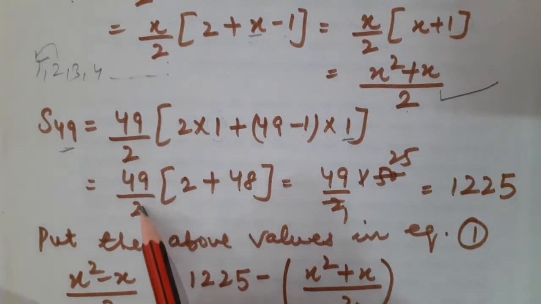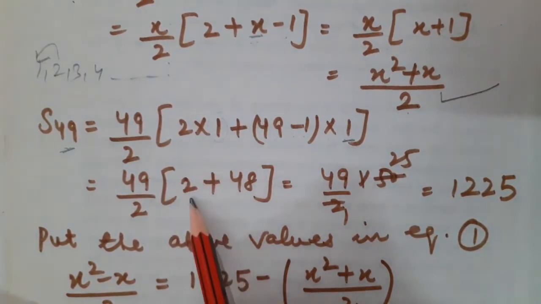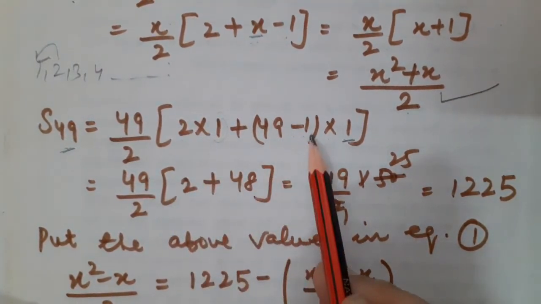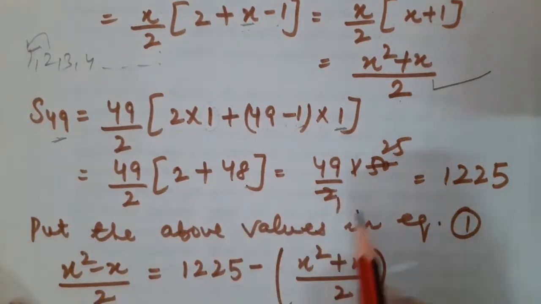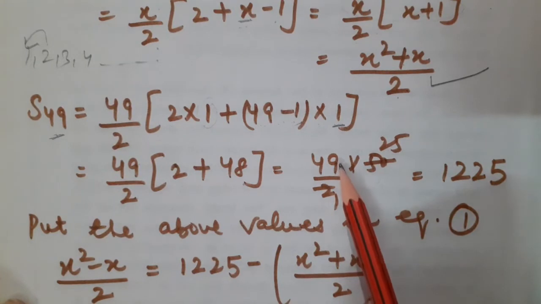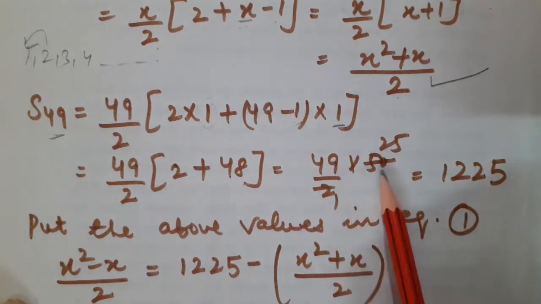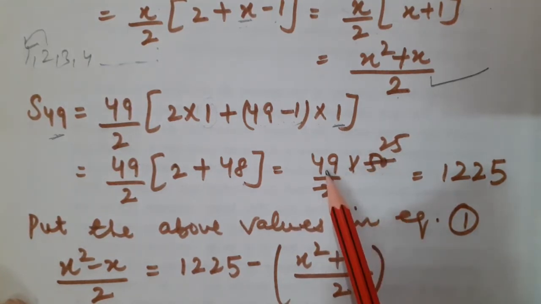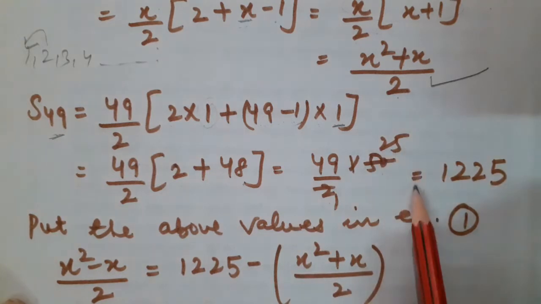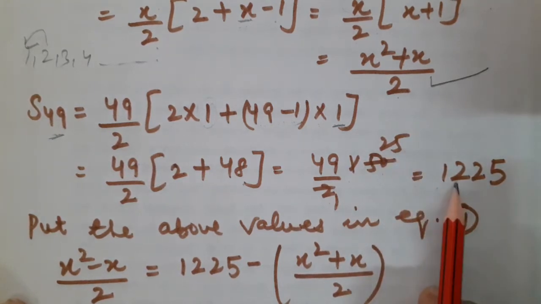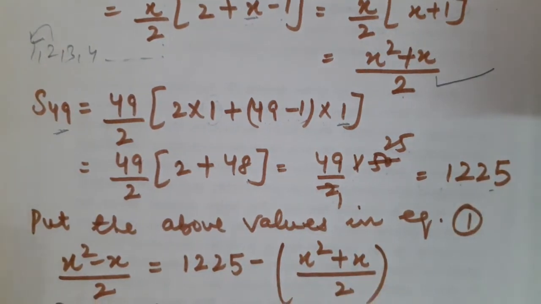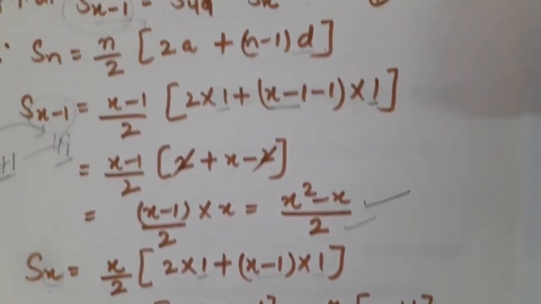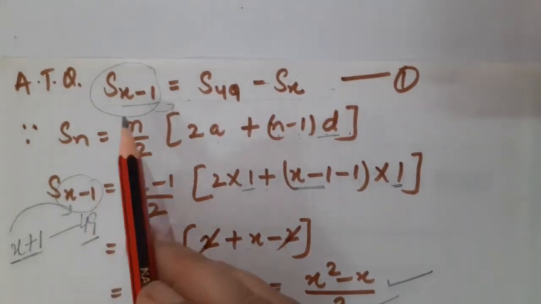So I have got 49 upon 2 into 2 ones are 2 plus 49 minus 1, that is 48, into 1. Fine, students. So this is 49 by 2 into 50. Cancel them, you are going to get 49 into 25, that is 1225. Correct, students?